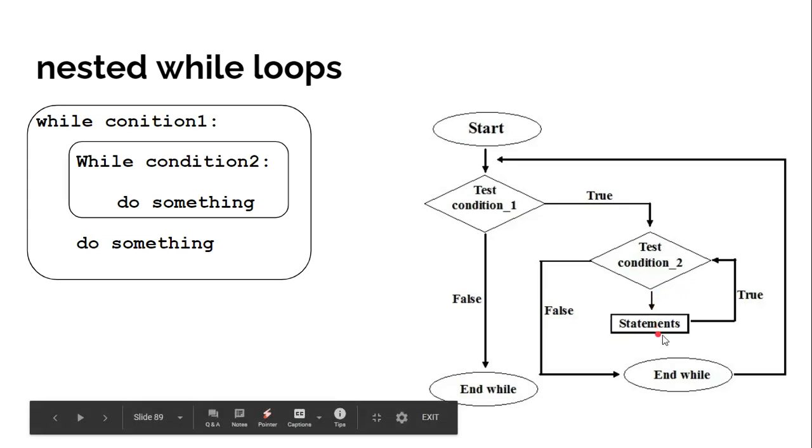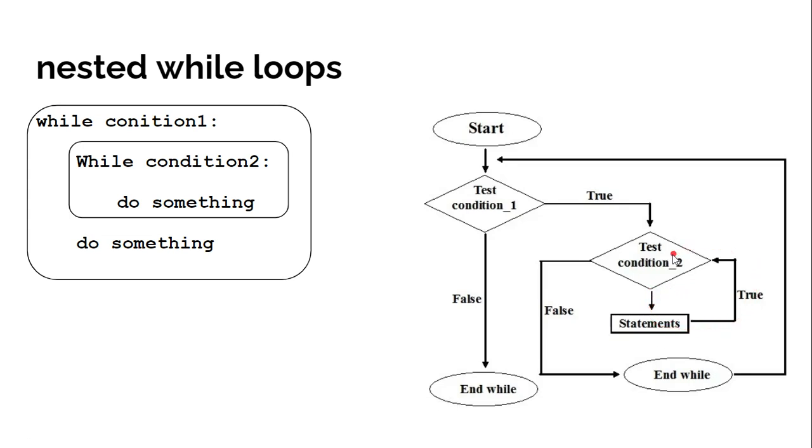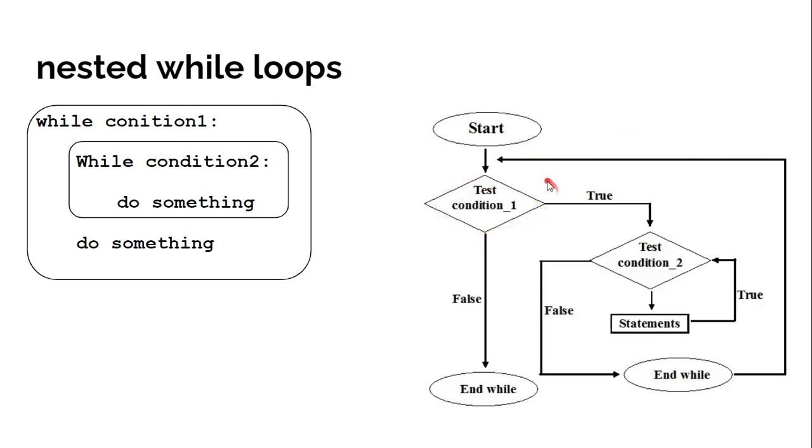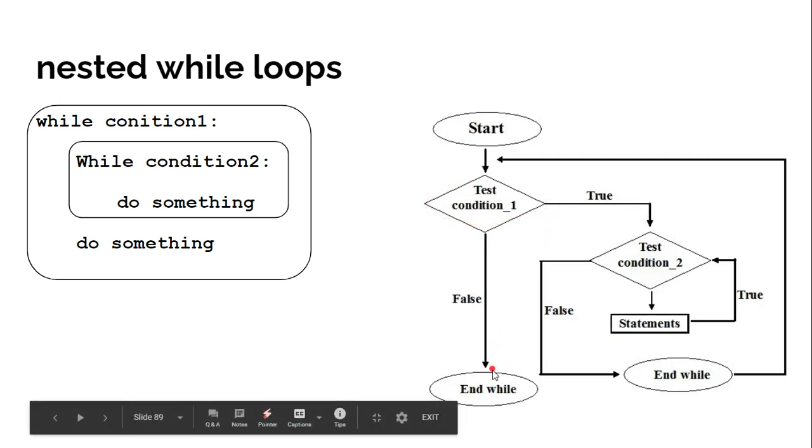If this is true, then we will again check the test condition. If this test condition is false, then there will be the end of this inner while loop. Next we will check condition 1 again. If condition 1 is false, then we will exit from the whole loop. You can see that here we are exiting from the program.